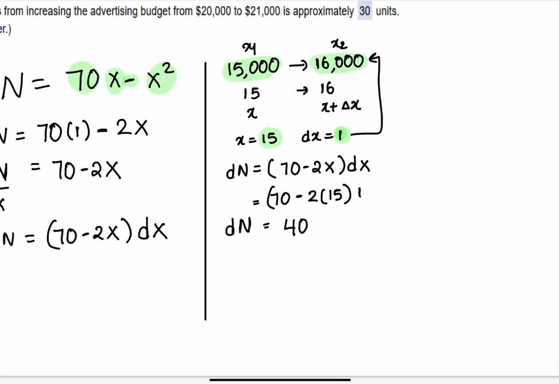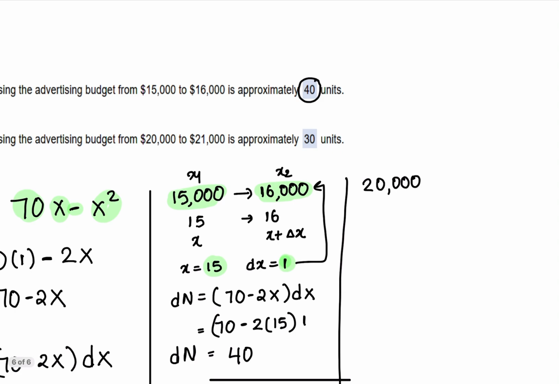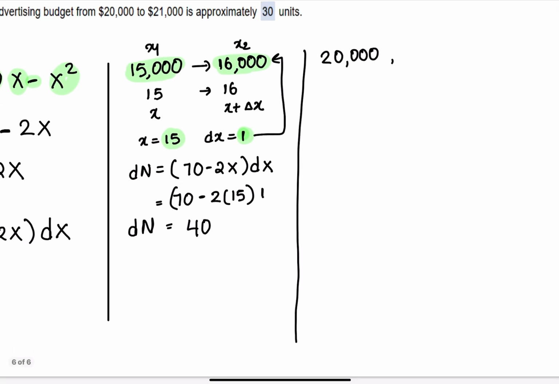Now let's see what happens when the budget goes from 20,000 to 21,000. So you have x1, x2. Your initial value is always your x, and the change is x plus dx. Because it's 20,000, I can't say thousands because x itself is in thousands. So this is 20. It goes from 20 to 21.